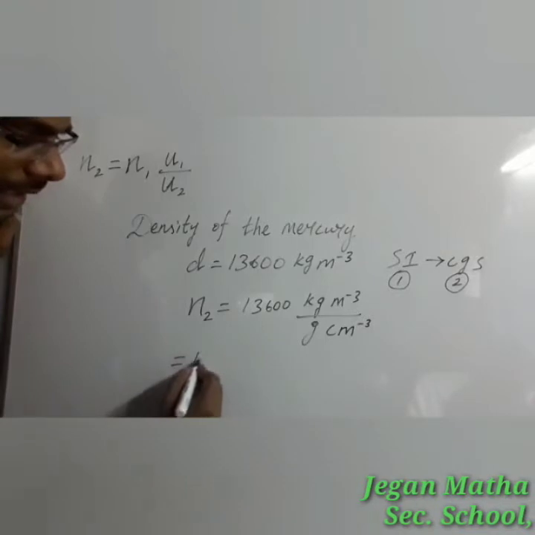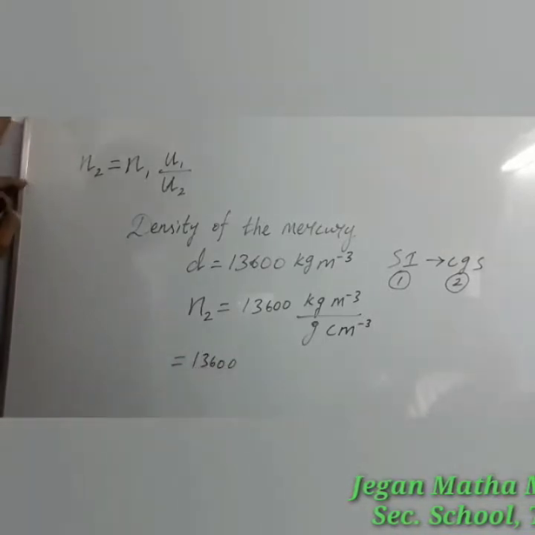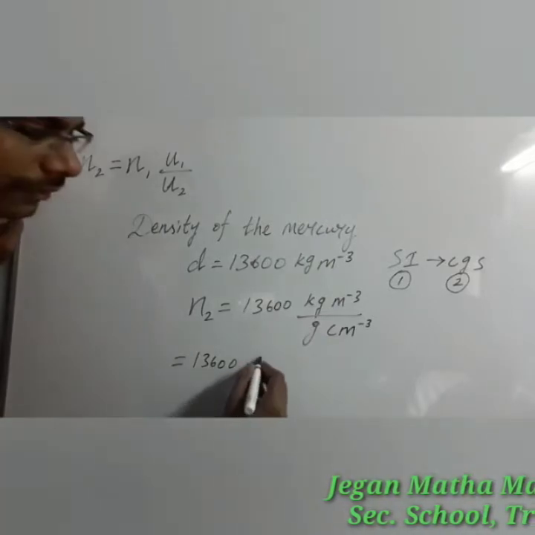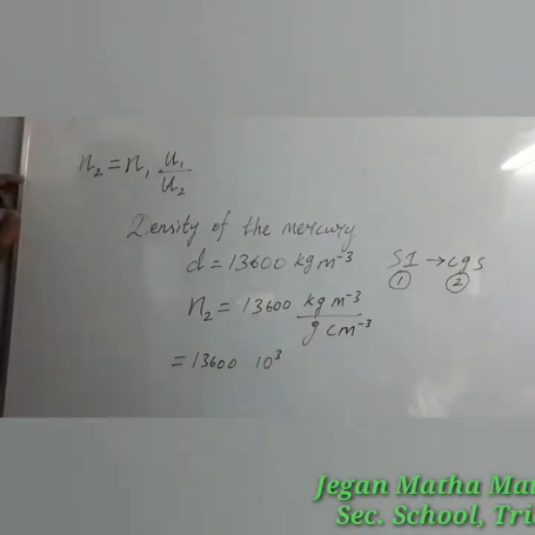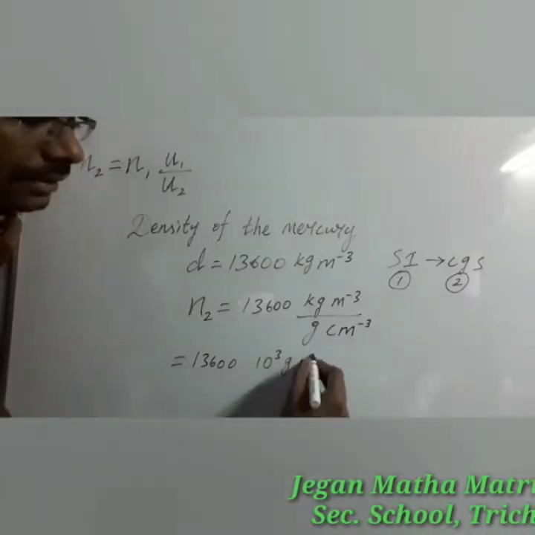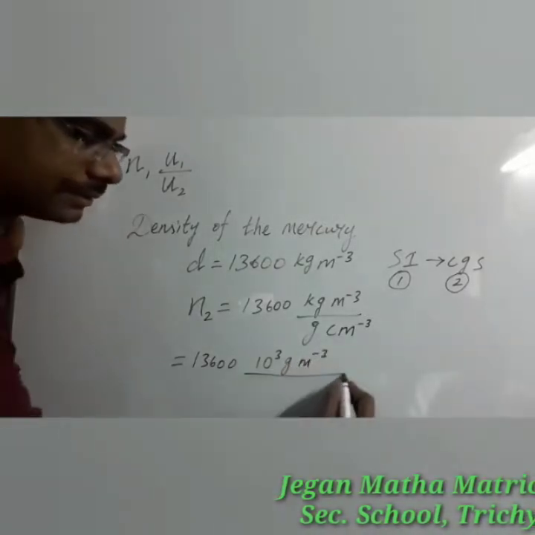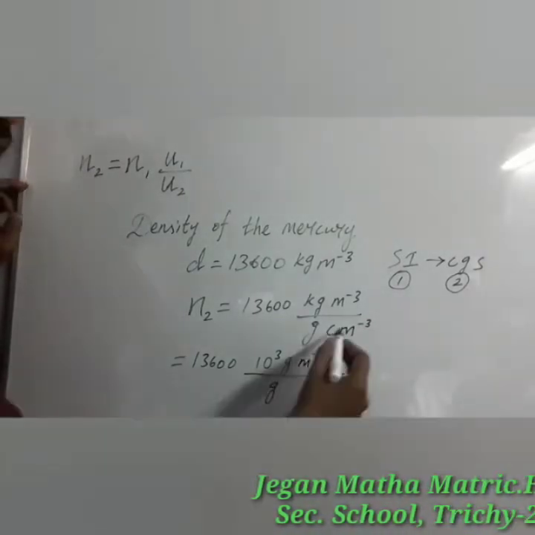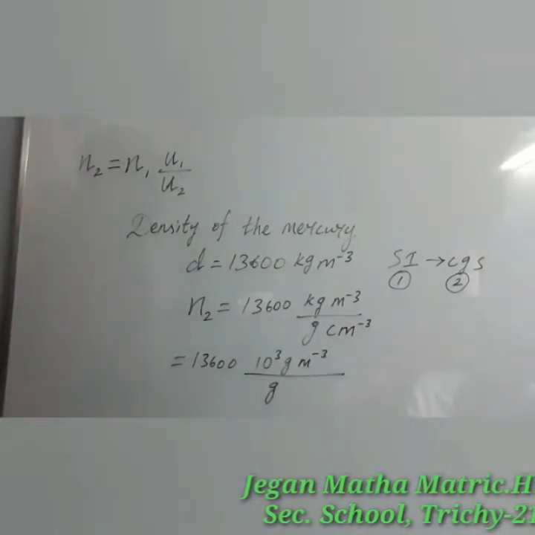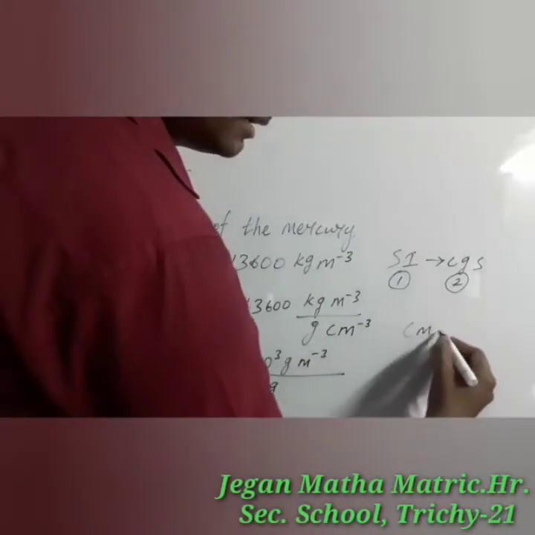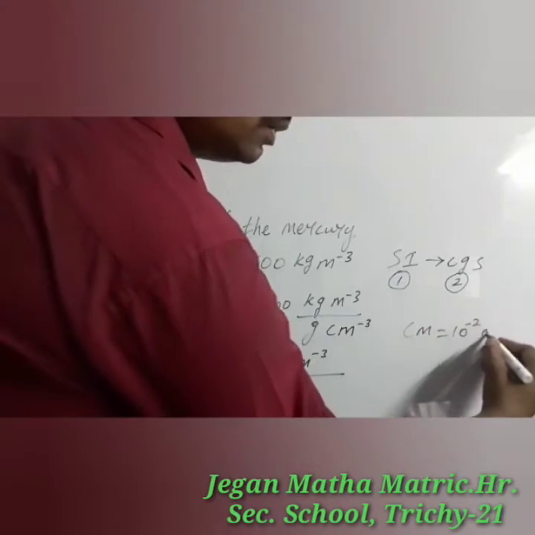So next, 13,600 as it is, we can write kilogram. Kilo means what? 10 to the power of 3, so 1,000 gram. Meter power minus 3 divided by gram as it is, you can write here centimeter power minus 3. So what is centimeter? Centimeter is equal to 10 to the power of minus 2 meter.